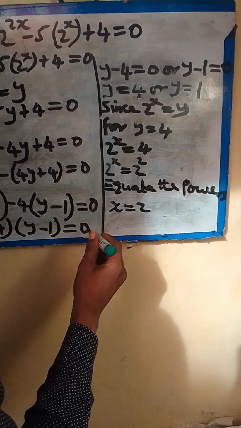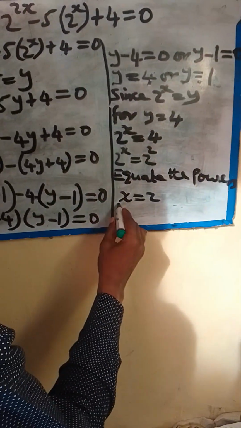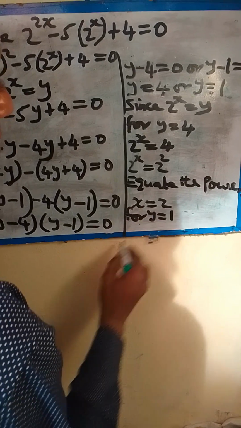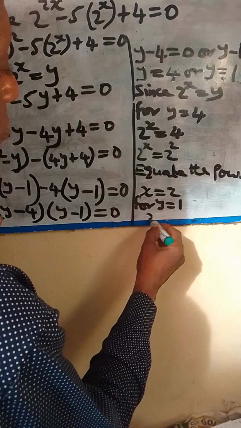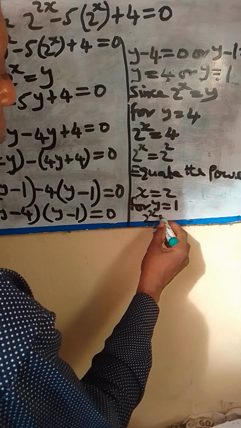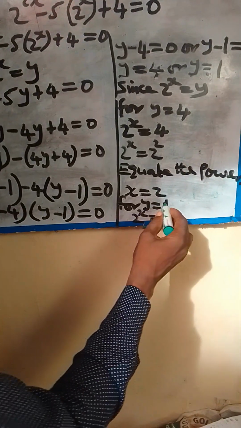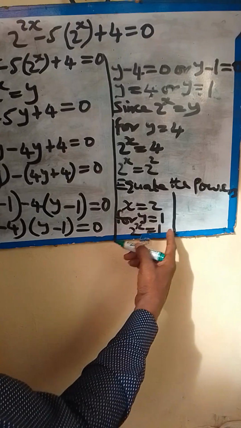Now we have done this, but we know that for y is equals to 1, where we see y, we put 2 raised to power x is equals to 1. We need to make the bases the same.